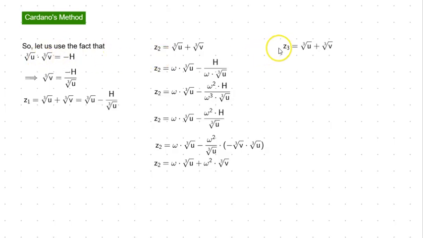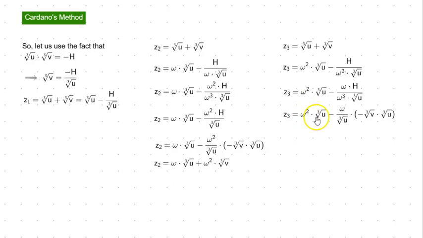Starting with the same, z3 is equal to cube root of u plus cube root of v. Now we multiply by omega square. What happens then? z3 is equal to omega square times cube root of u minus, we multiply and divide by omega. So we get omega times h divided by omega cube times cube root of u. Again, omega cube is equal to 1. So it disappears.